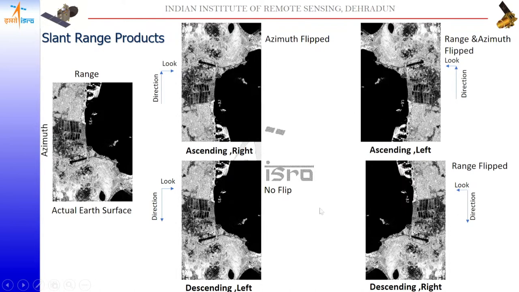So in the slant range product, there will be flipping in the range direction and azimuth direction, because the data is imaged first depending on whether it is in the ascending mode or the descending mode.